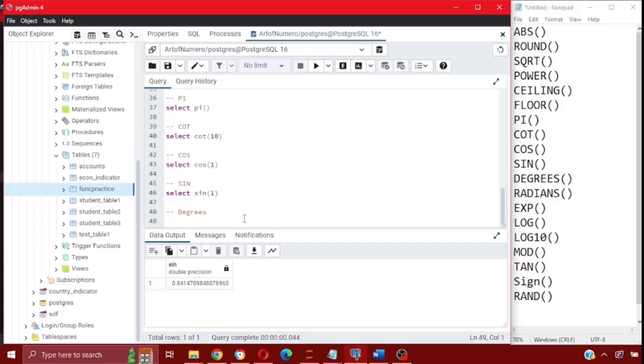So let's say you want to get the degrees of a radian, let's say 90 degrees, then the degree for the radian of 90 is going to be, oops, sorry, I got the wrong one.